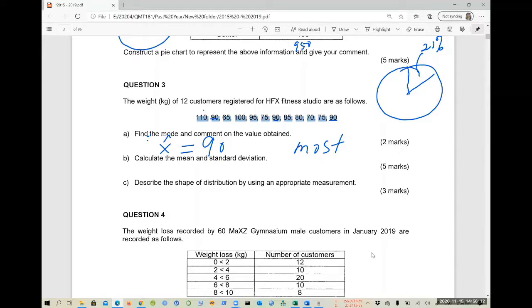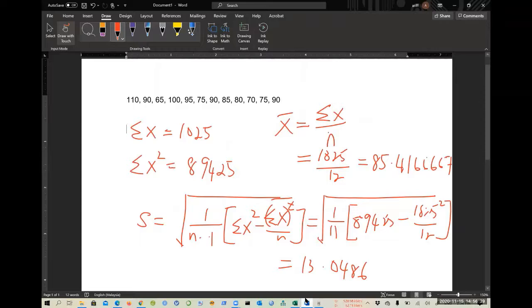So how to do that? You can just use the skewness is equal to the mean minus mode divided by the standard deviation. Okay. So in this case, you have the mean just now. Your mean value is 85.4.